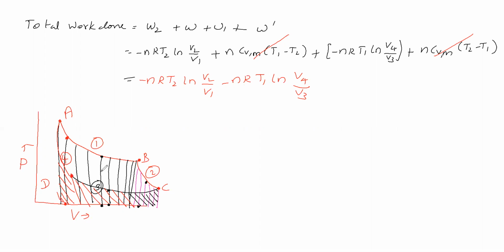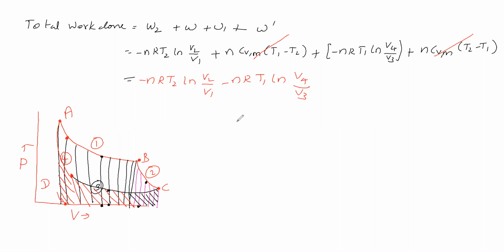That is the net work done by the system. In the sense area of ABCD, we can say area of ABCD is called net work done.